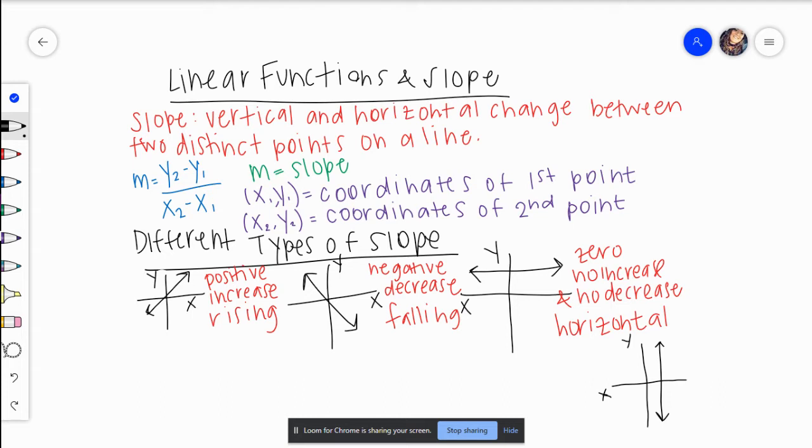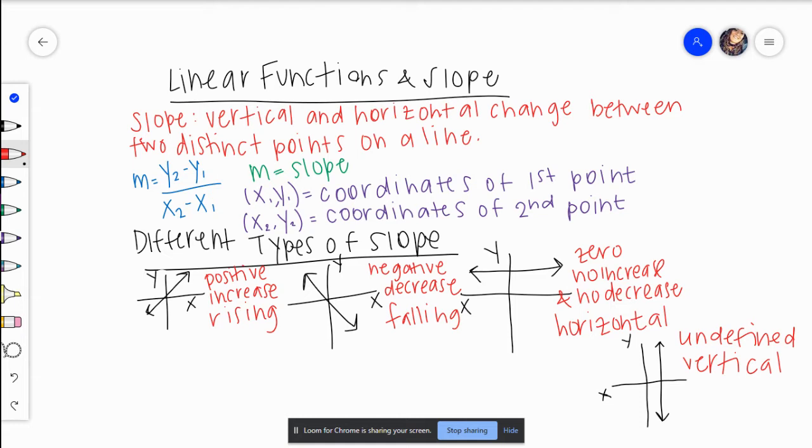It is also very similar to the 0 slope because it doesn't look like our positive and our negative. This one does not move left or right, as far as our negative falls from the left to the right and our positive rises from the left to the right. This one, what we say is that it's undefined. And we also will say that it is vertical.